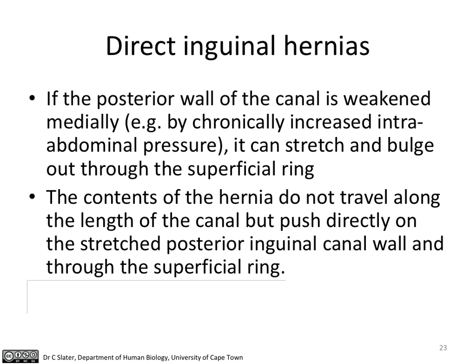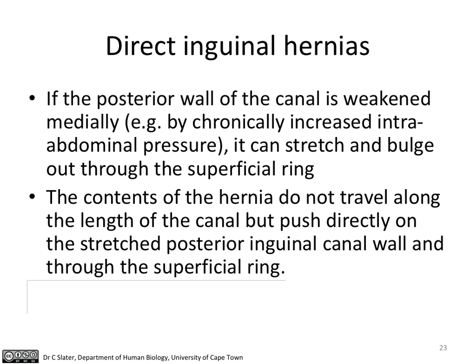However, if somebody has chronically raised intra-abdominal pressure, such as from a chronic cough or being chronically constipated, or having to strain at passing urine because of prostatism, this repeated stretching as a consequence of the raised intra-abdominal pressure can cause stretching of the medial reinforcement, that is of the conjoint tendon, at the medial end of the inguinal canal.